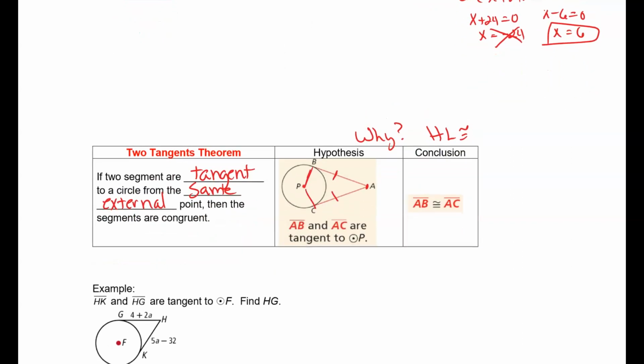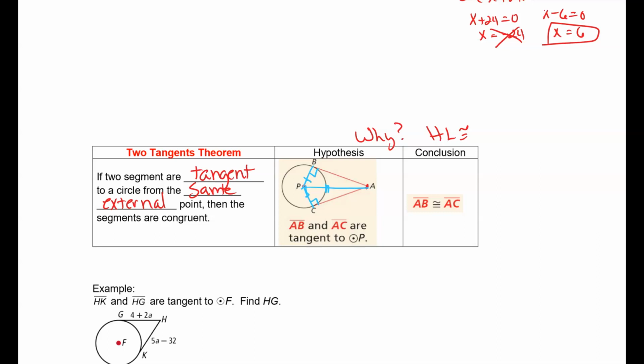So we draw in the two radii to the points of tangency. We draw in both right angles, and then we draw in the segment that connects the center to that external point. Notice we just created two right triangles, and the cool thing is those two right triangles are congruent because the hypotenuse is congruent by the reflexive property, and then we have the two congruent legs because of the radii.